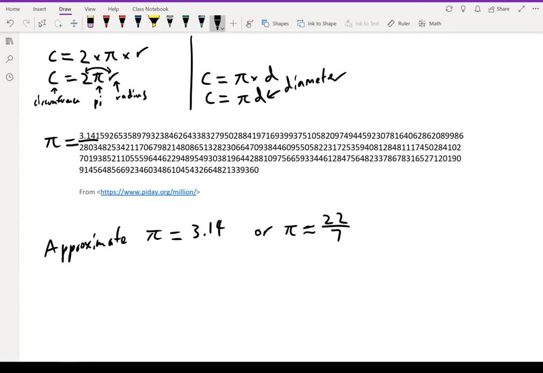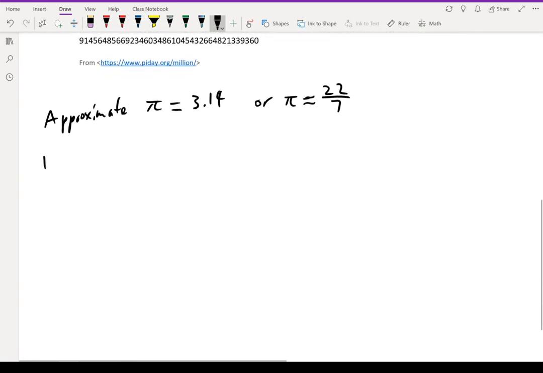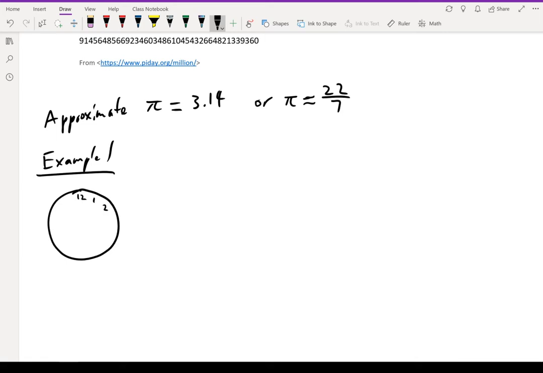Okay, so let's go straight into an example. Example 1. So we have a clock that is 25 centimeters in diameter. Let me draw a clock. 1, 2, 3, 4, 5, 6, 7, 8, 9, 10, 11, 12, and then it looks something like this.